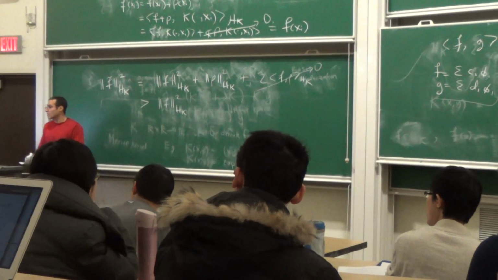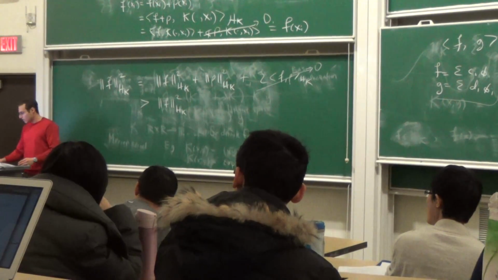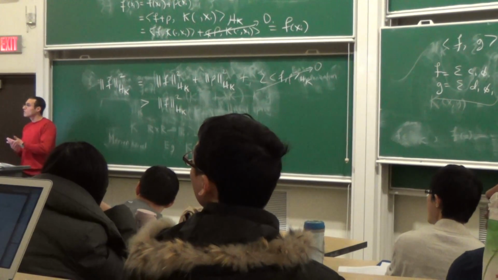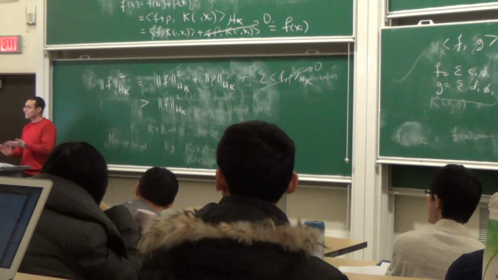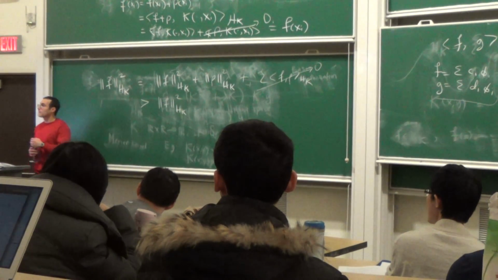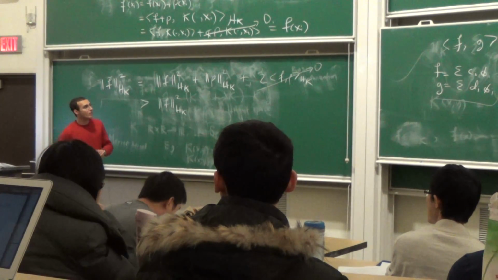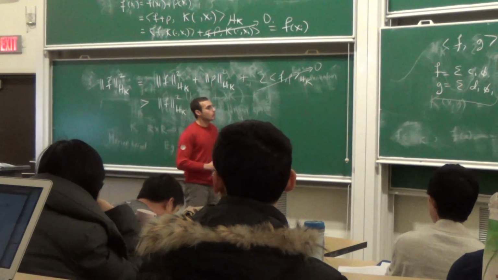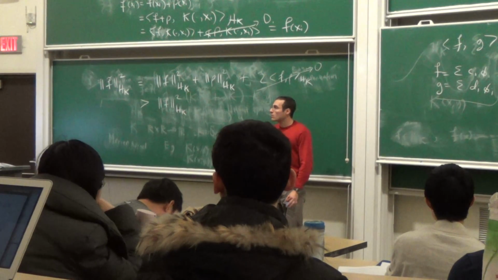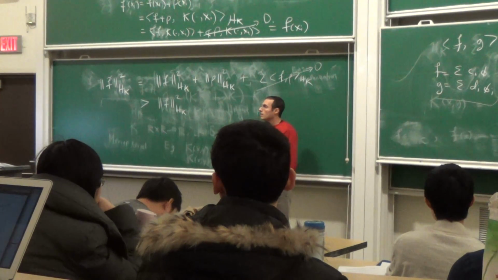Yes? Do you use the squared norm to measure the function's norm in the representer theorem? Good question. Kernels are very specialized to that choice of norm for this reason.